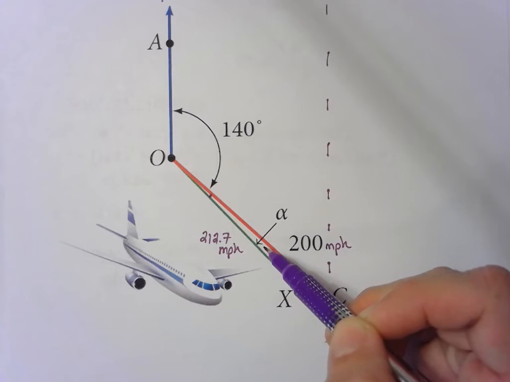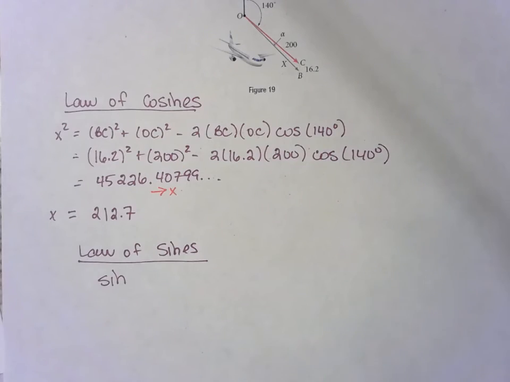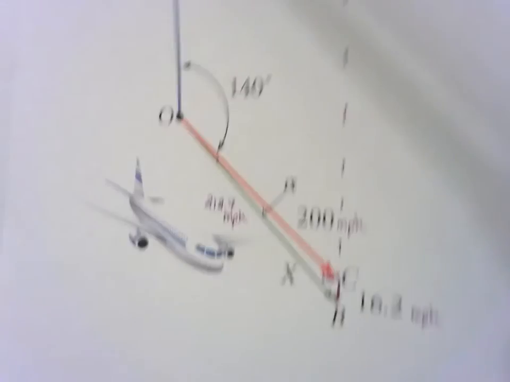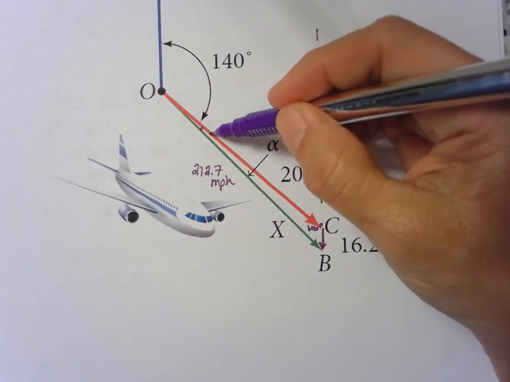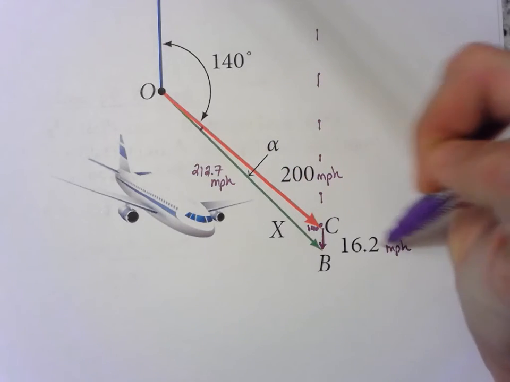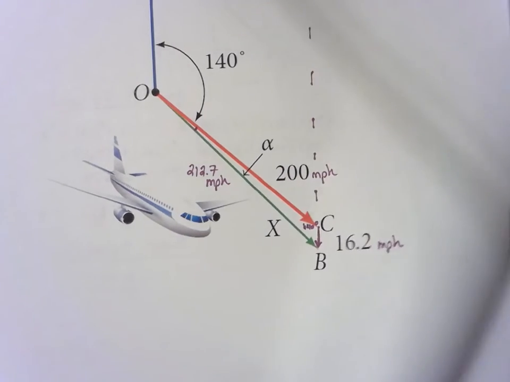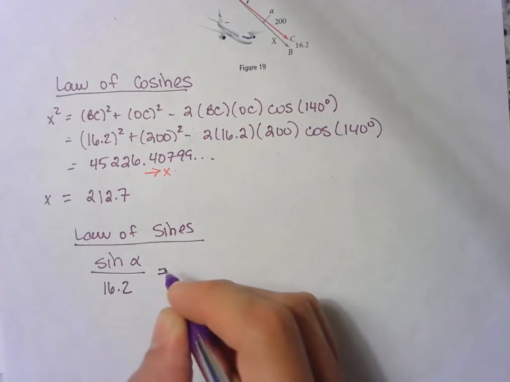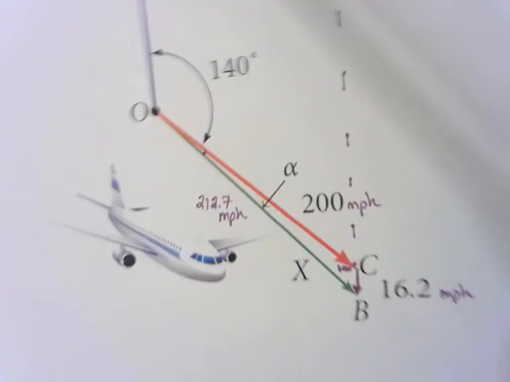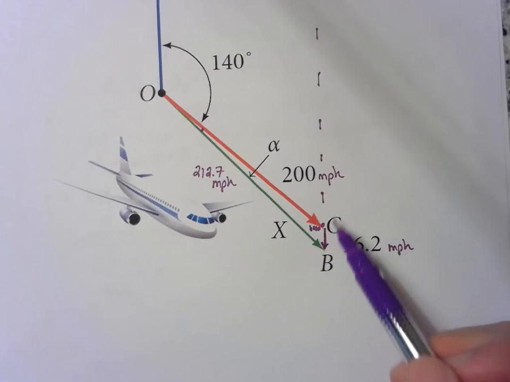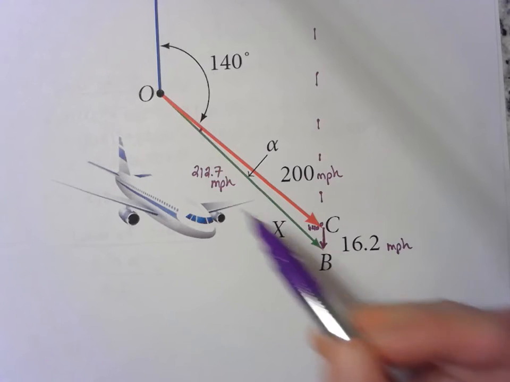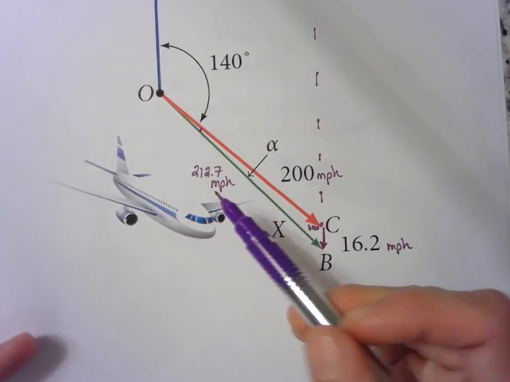At least they called it that already. So the sine of alpha over, the side opposite angle alpha is the 16.2 side, right? Sine of alpha over 16.2 is equal to, we know this angle and this side, right? So we could do sine of 140 over 212.7.